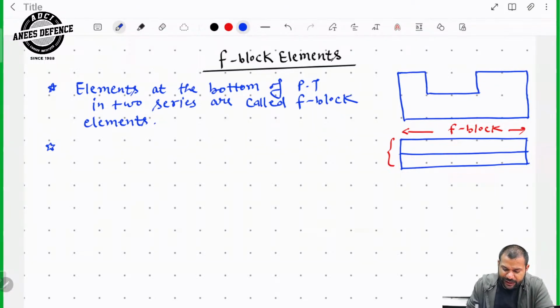In F block elements we have two different series. One is known as lanthanide series and another one is known as actinide series. So in F block we have two series, right?